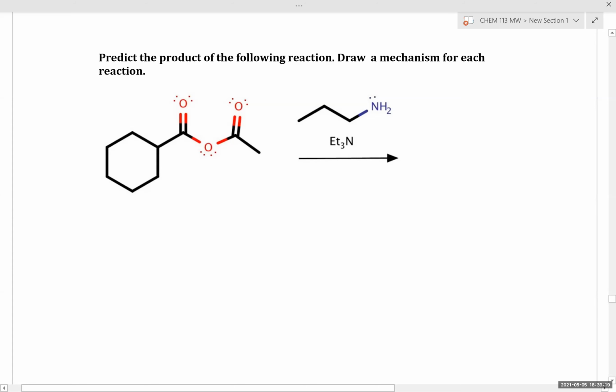So as we work through this example, would anyone like to share their proposed mechanism or predicted product for this reaction?